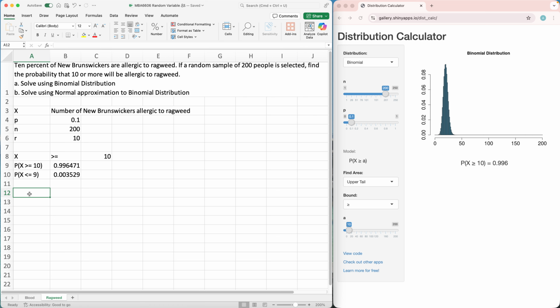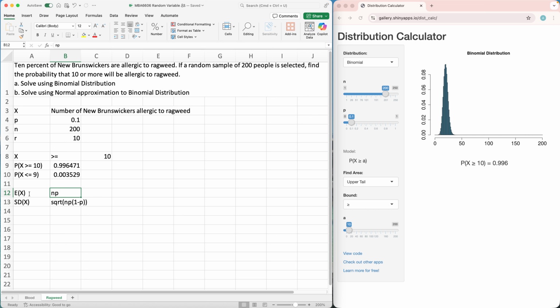What we need to know is the expected value of x and the standard deviation of x to do so. The expected value of x is given by np, and the standard deviation is given by the square root of np(1 minus p).